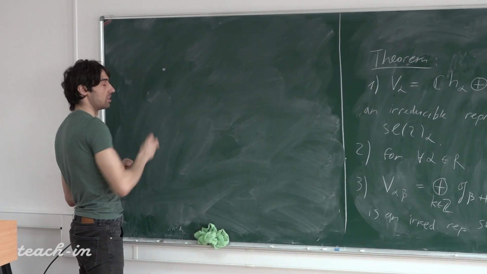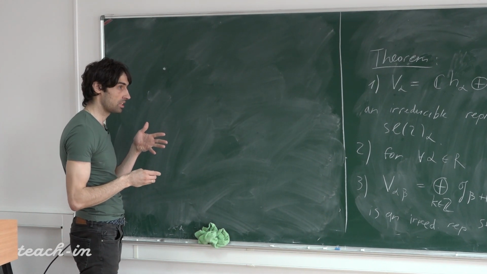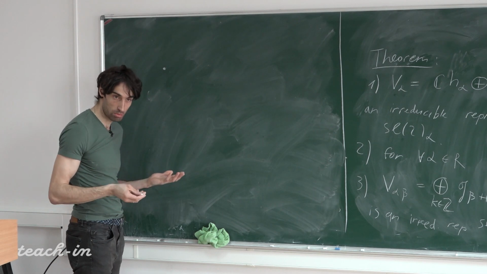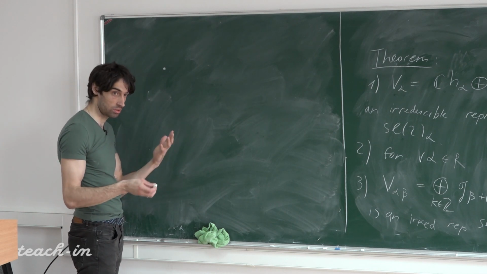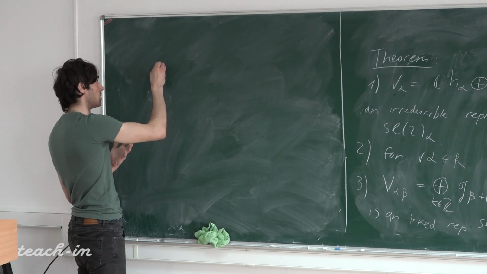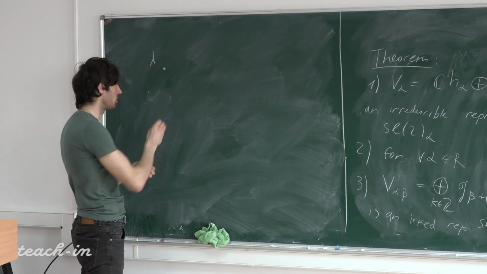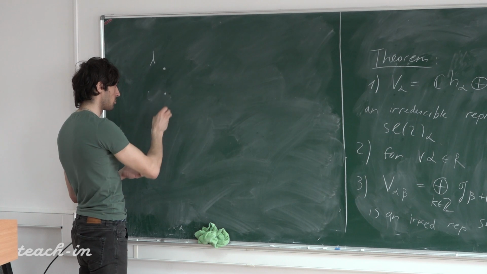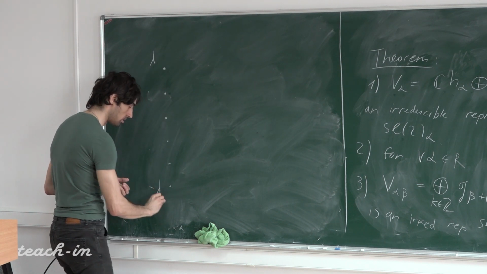If I have some representation, then first of all, it's a direct sum of irreducible representations. A finite-dimensional representation of SL2 is a direct sum of irreducibles, and each irreducible looks like this. It has some highest weight lambda, and then I go by step 2 until I reach negative lambda.